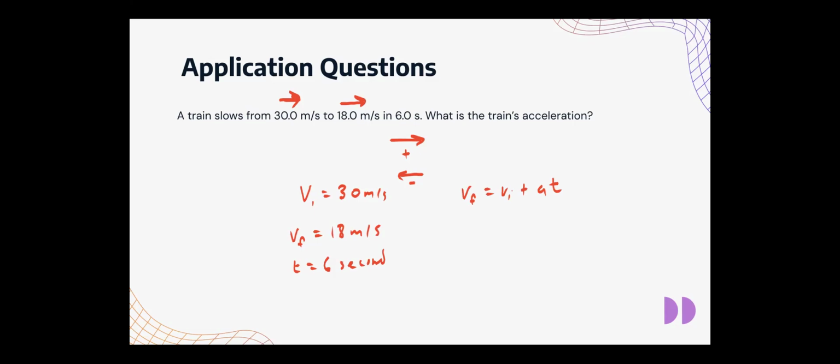Now it becomes really simple. All we do is we just input, input, and input. Once you input everything, you get 18 equals 30 plus 6a, right?